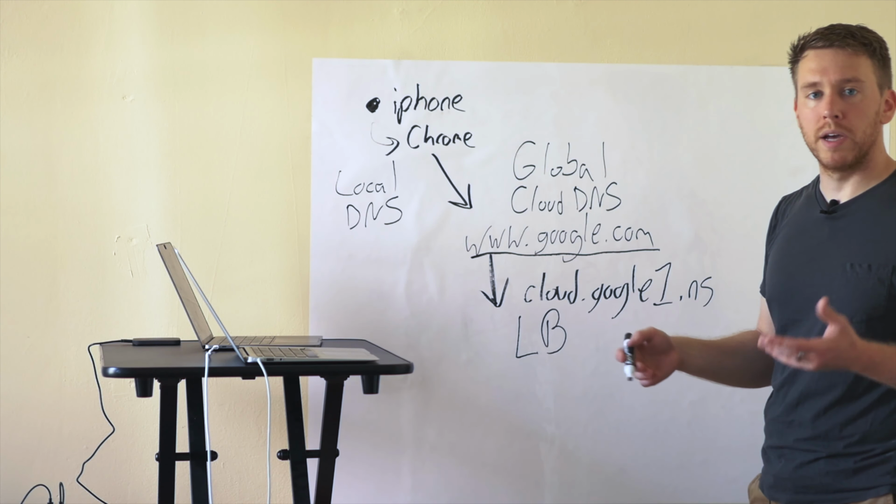So in GCP, we have a virtual machine, a single machine, that's running Nginx. Nginx is like Apache or Node. It's a server software, and this is actually going to return our HTML website.